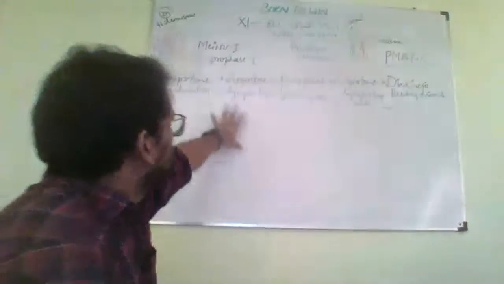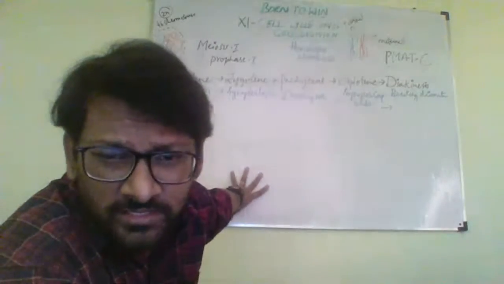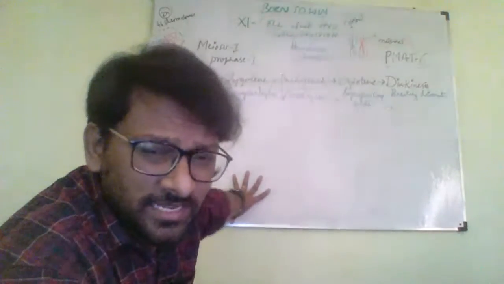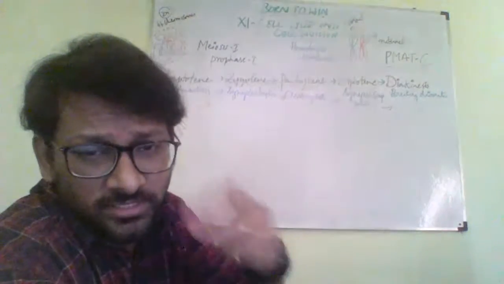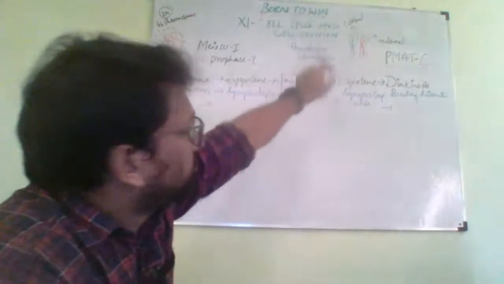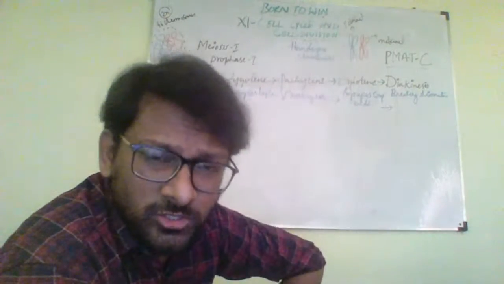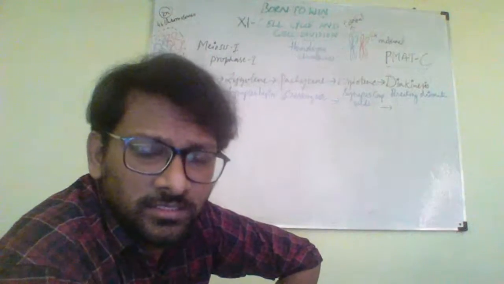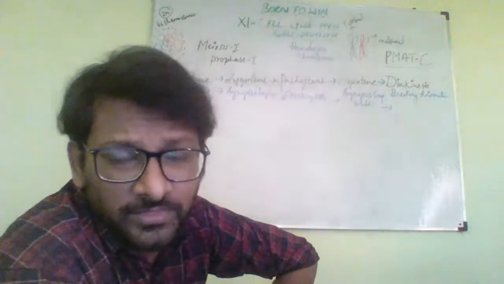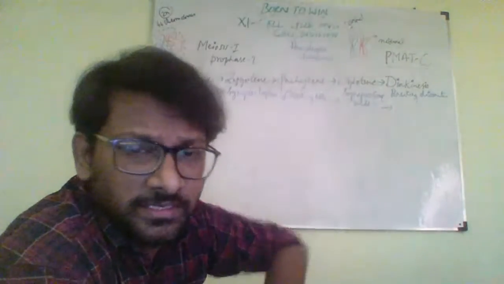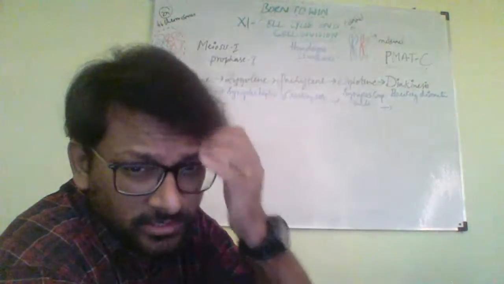I'll try to give some diagrams of it, as I did last year with different colors, showing how homologous chromosomes pair up, crossover, form the chiasmata, and finally recombine and separate. So these phases are important.